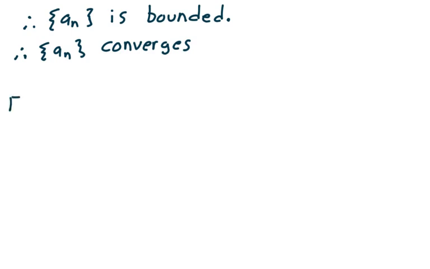Let's take a look at this example. We'll do one more example for this video. What if I give you a sub n is equal to 3 minus 2n e to the negative n? Okay.